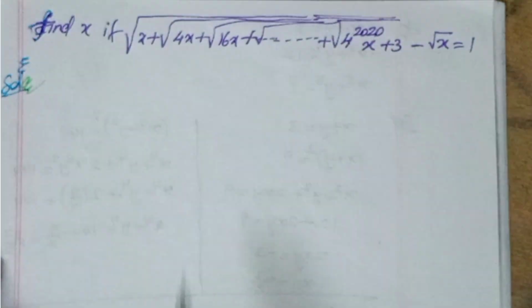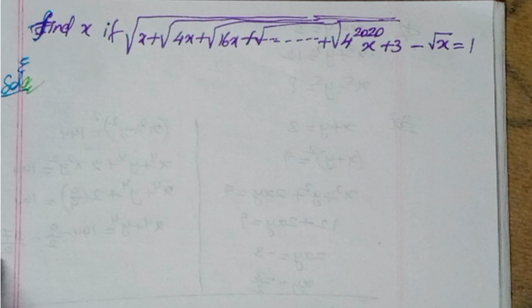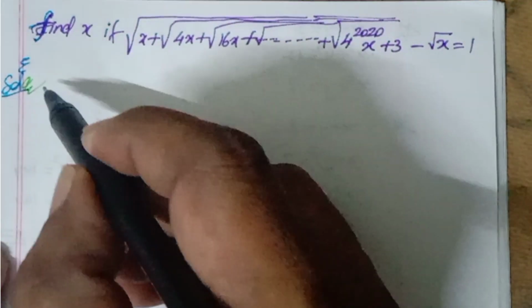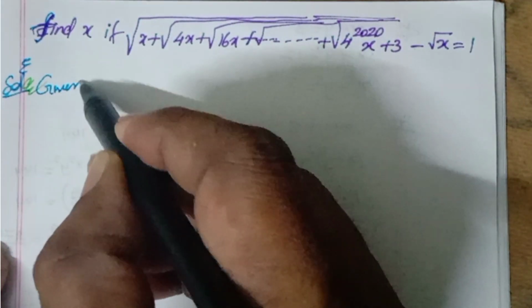Here, first pause the video for 10 seconds and think about how to do this problem. Very simple logic. First, write what is given.